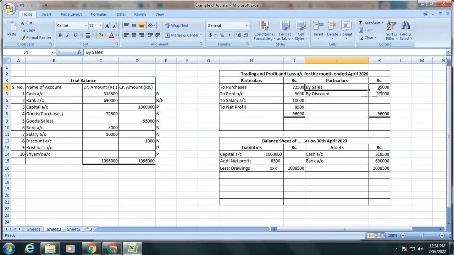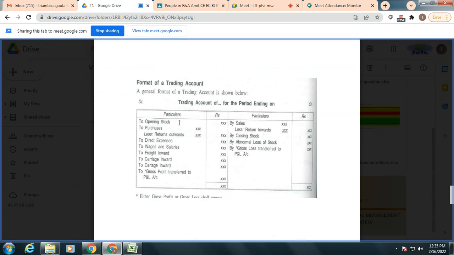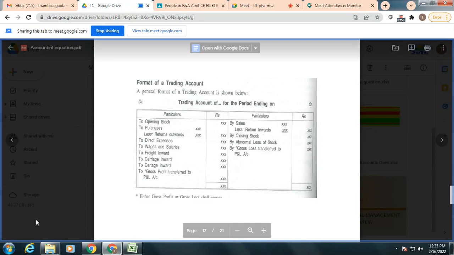So there should be an adjustment for the number of units which are still remaining unsold. Otherwise, you end up comparing, say, the selling price of 100 units to the cost price of 150 units, and then you say we made a profit or we made a loss. Logically speaking, that will be inaccurate. Because of that, we have an adjustment for what is known as opening stock and closing stock in the trading account.